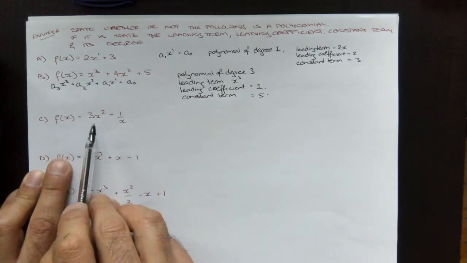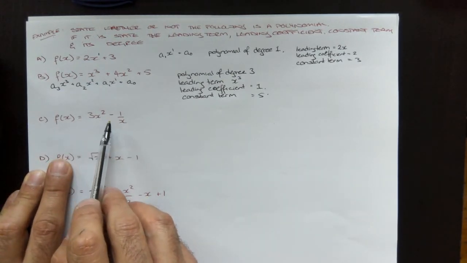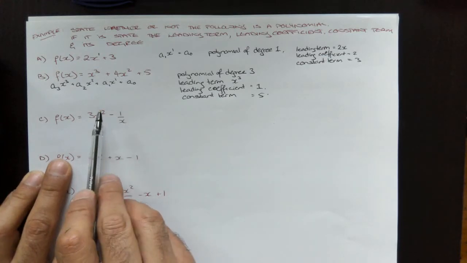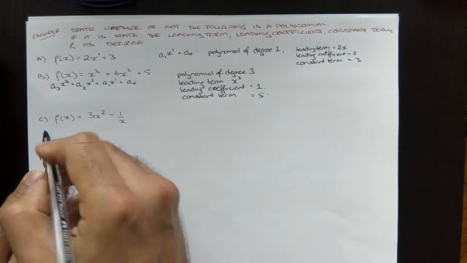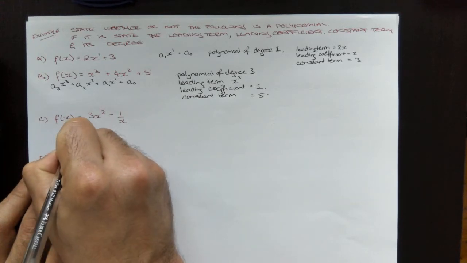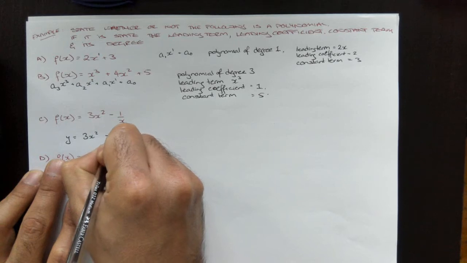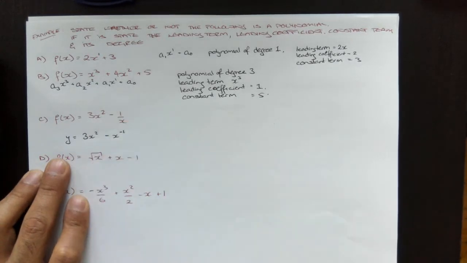Here we have f of x equals 3x squared minus 1 over x. And I'm just going to write this in index form. So let's say we've got y equals 3x squared minus x to the power of negative 1.